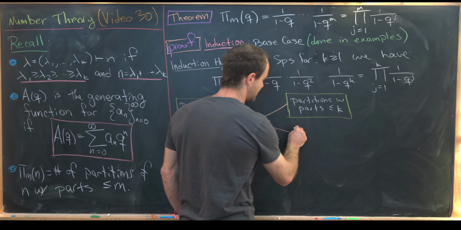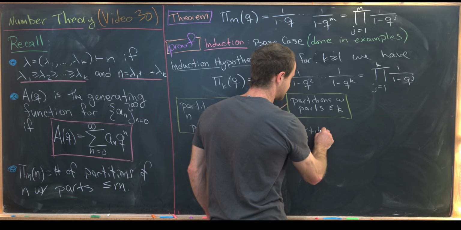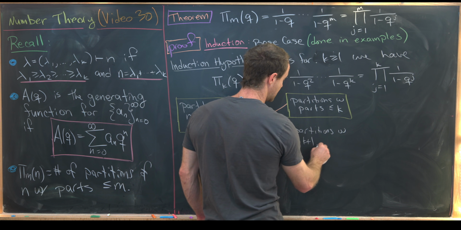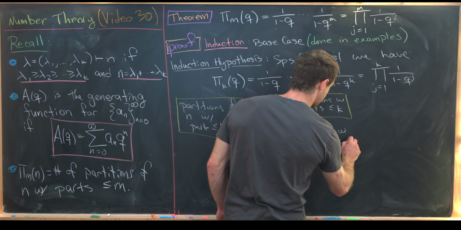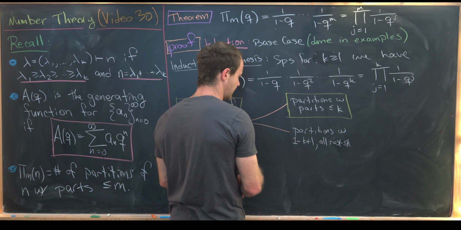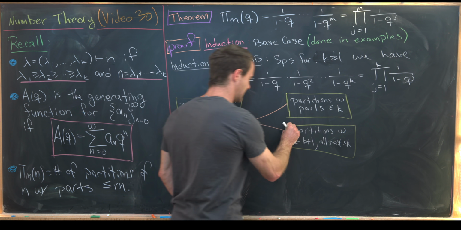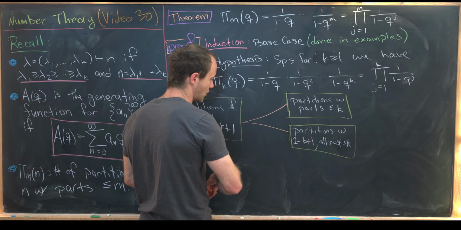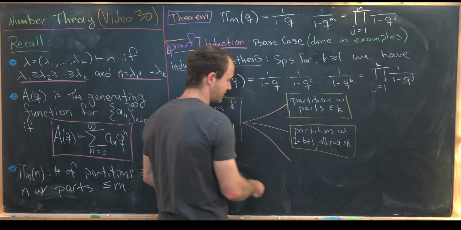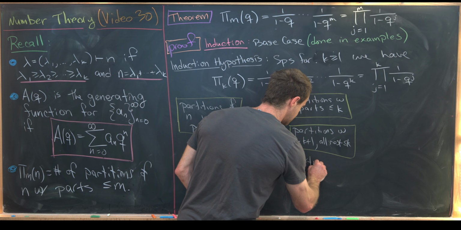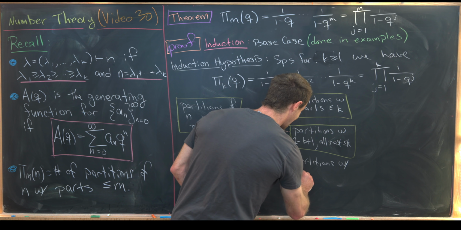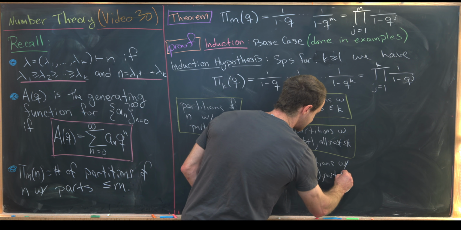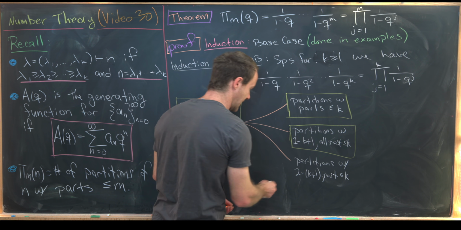Next, it might be obvious to look at partitions with exactly one k plus 1, and then all the rest of them less than or equal to k. That would be the next type of partitions. And then maybe just to write one more out, this could split up into partitions with exactly 2 parts that are equal to k plus 1, and the rest are less than or equal to k.